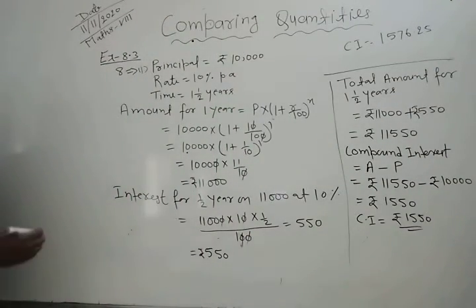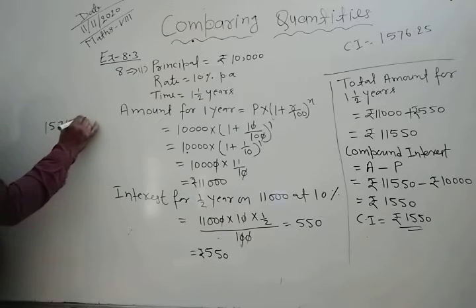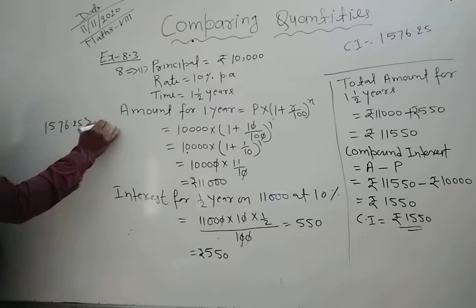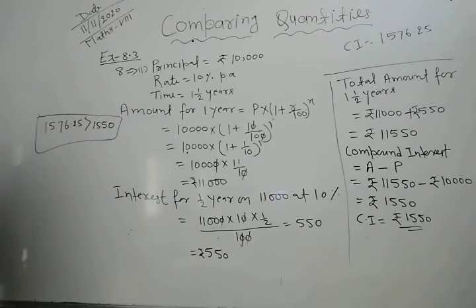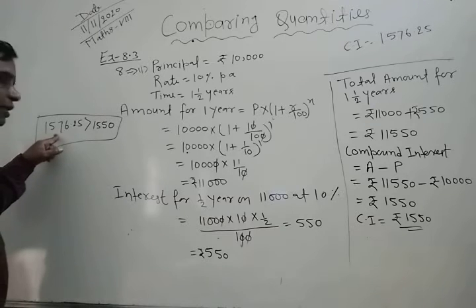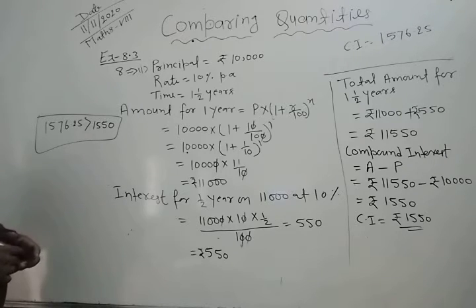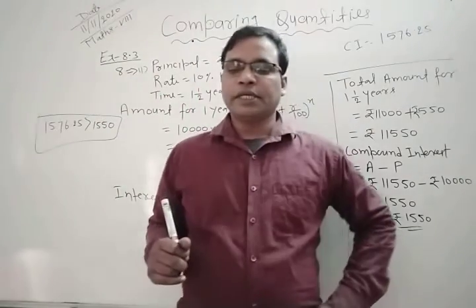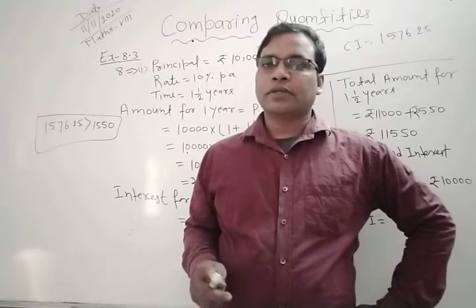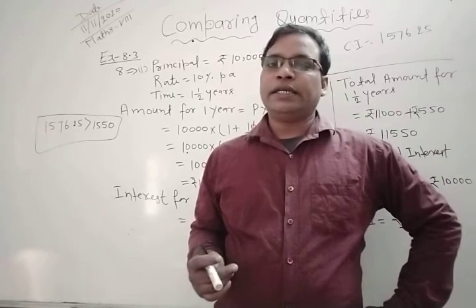So here you can see that 1,576.25 is greater than 1,550 rupees.